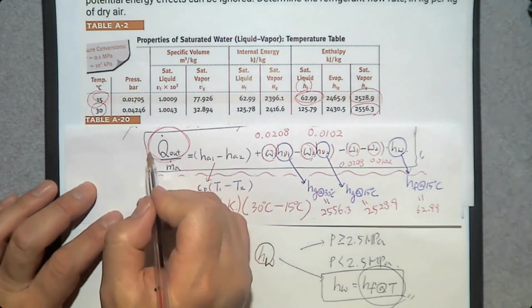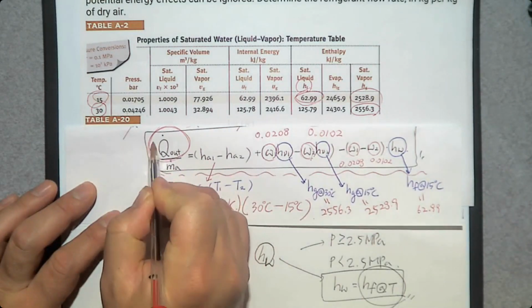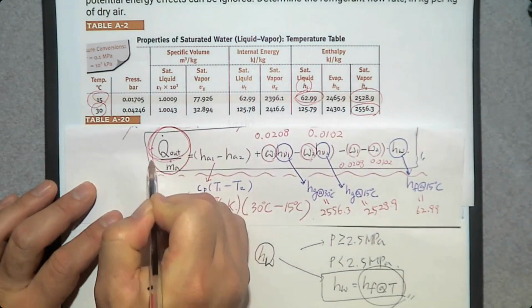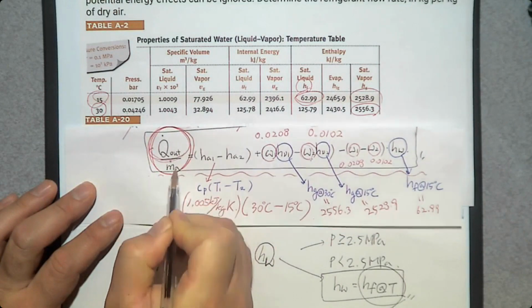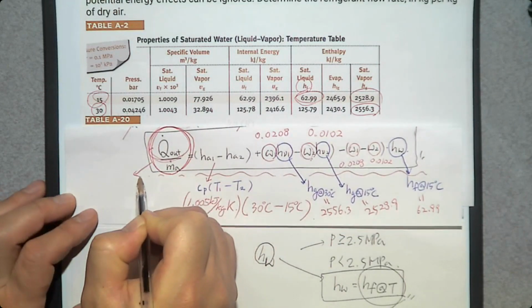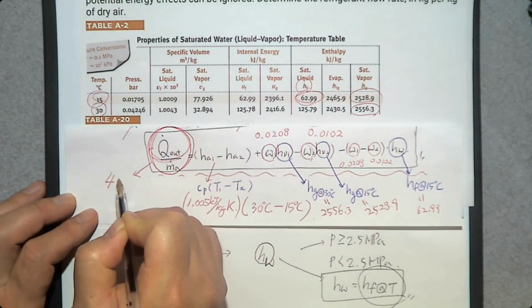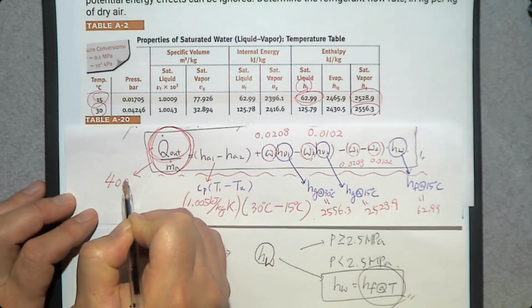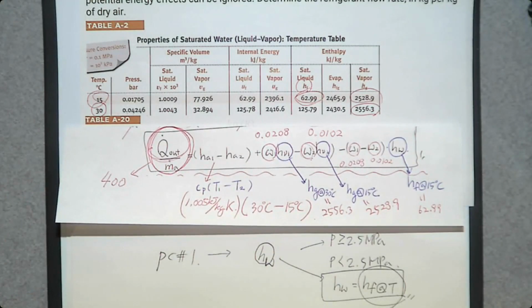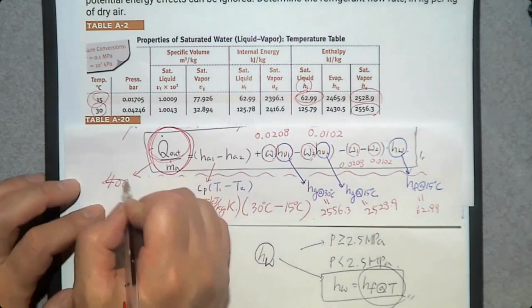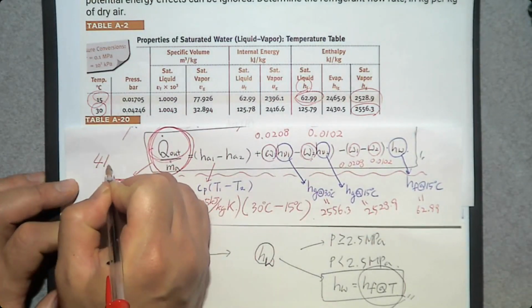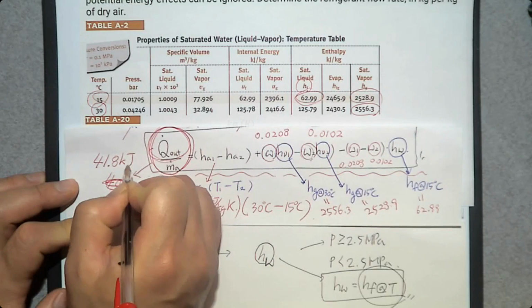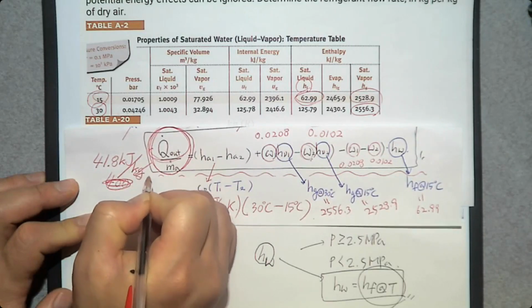And if you do the calculation, you can determine Q dot over m dot of a. How much is it? 41.8 kilojoule per kilogram.